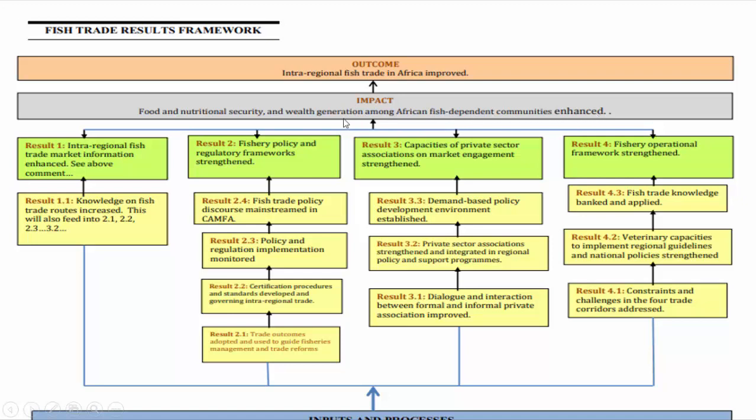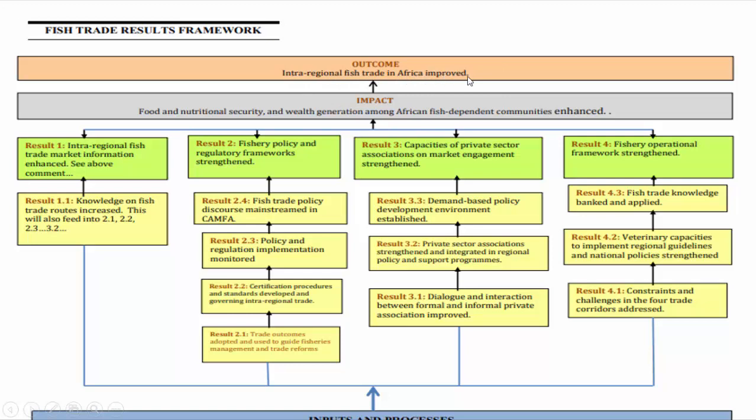So now what they are saying is that if you achieve all these results, the impact is going to be enhanced food and nutritional security and wealth generation among African fish-dependent communities. And then the long-term outcome will be intra-regional fish trade in Africa improved.